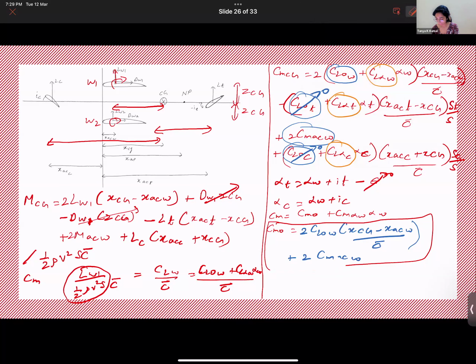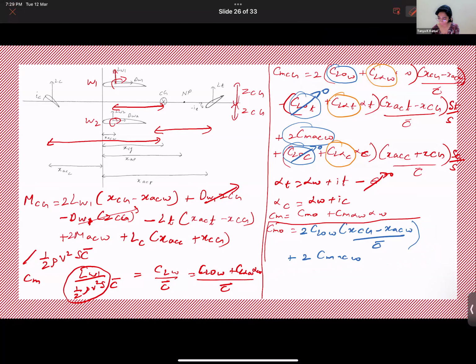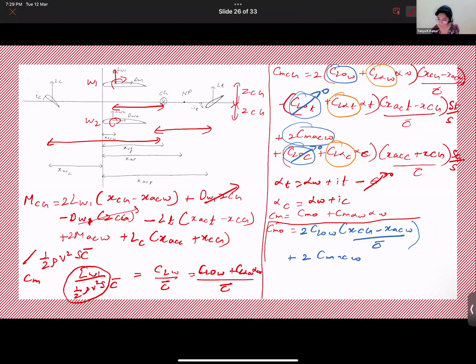Terms that are independent of angle of attack of the wing. What is missing in Cm naught?